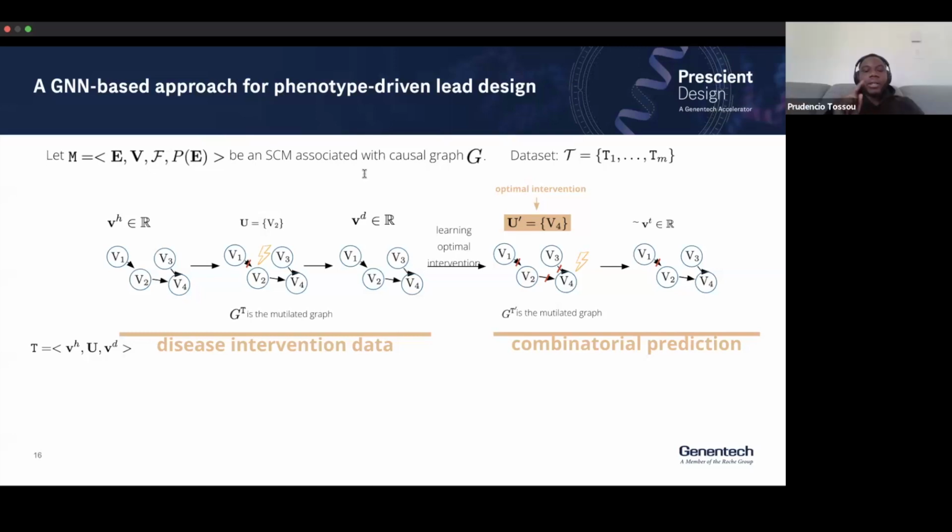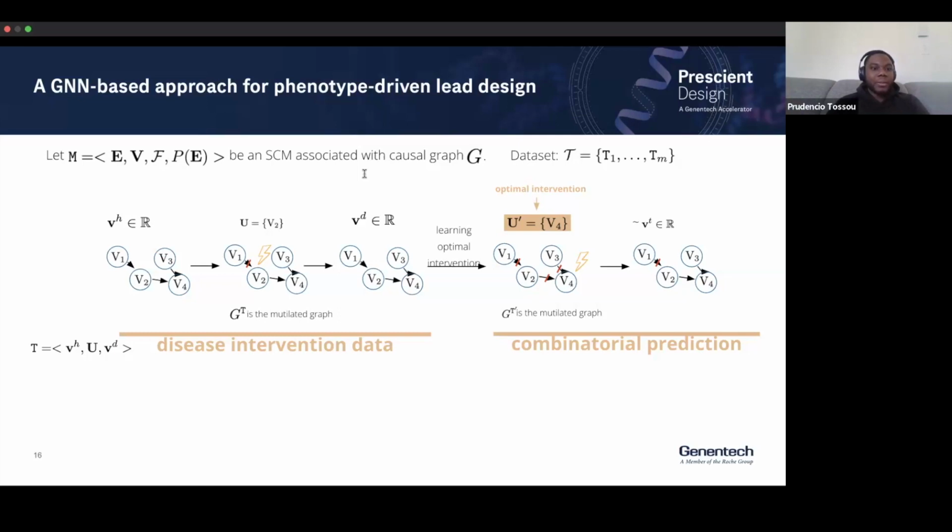I was saying that when we do the intervention, the whole graph changes, at least the set of all the other nodes. And we measure that, and that's what we are using for the training and for the inference of the minimal set U or U prime. Am I correct? Yes. Yes.